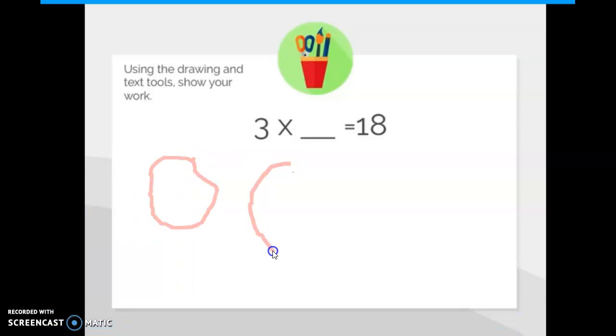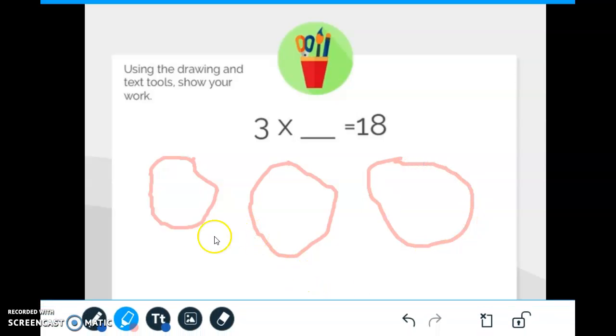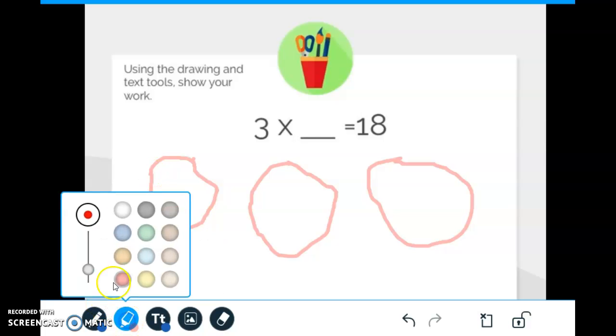1, 2, 3, okay? Now, I'm just going to place 1 dot in there at a time until I get to 18, okay?